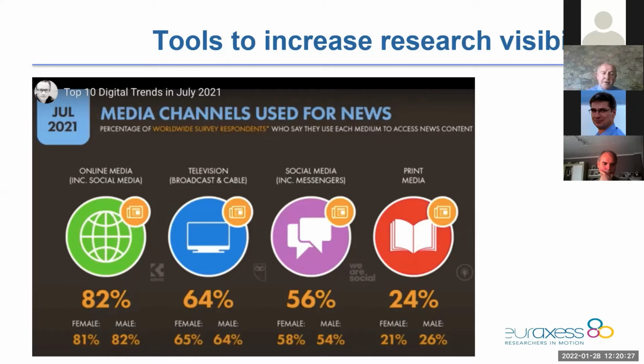Because we are living in a digital era, let's see what media channels are used for news, but also if you publish something, it is also a kind of news, scientific news. So at the moment, in 2021, those results are from 2021, just a month ago, 82% of the world population are using some kind of online media. 64% are using TV. 56% are using social media.